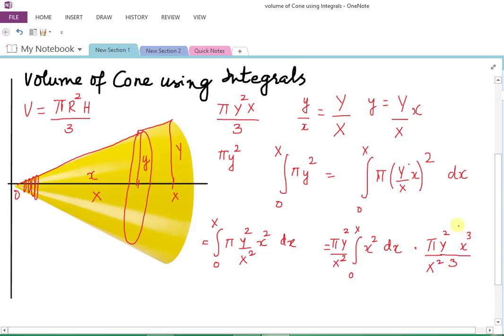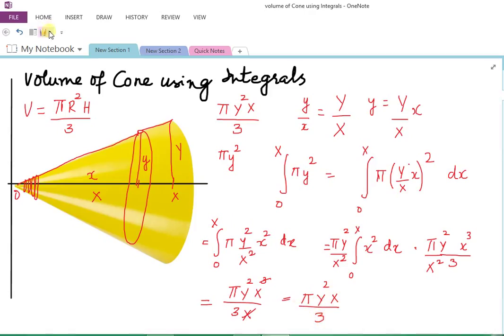Now if I were to take the integral of this, it would be pi Y square X cube by X, and so I rewrite that as pi Y square X over 3, right?